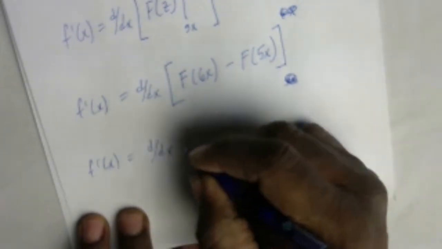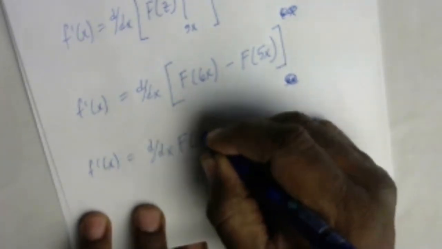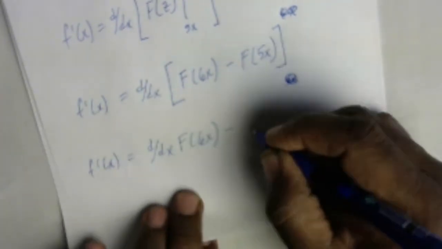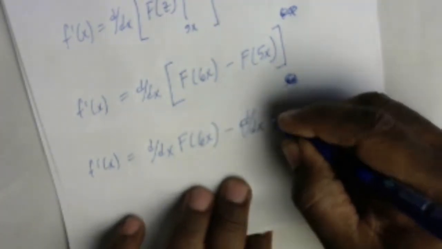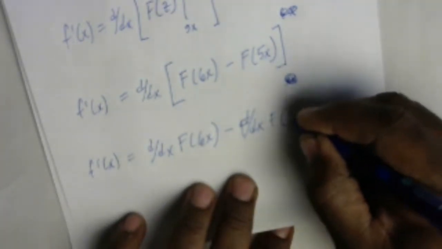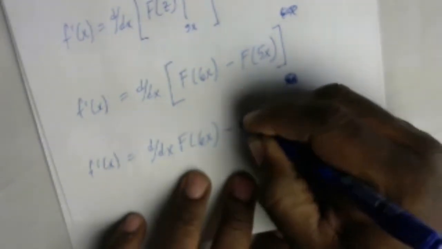So f prime of x is equal to the derivative with respect to x of capital F of 6x minus the derivative with respect to x of capital F of 5x, and I must use the chain rule for both of these terms.